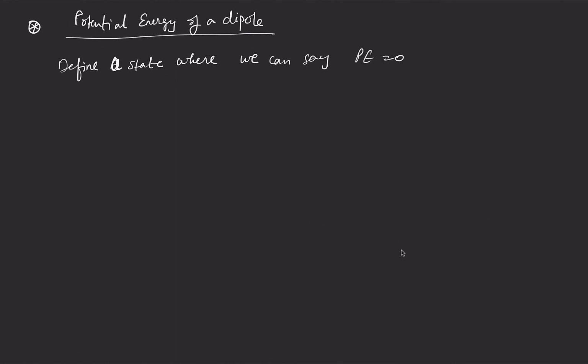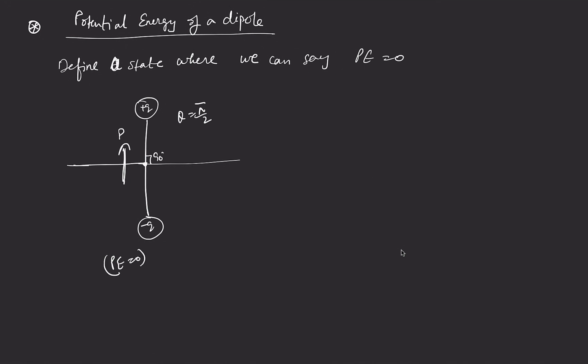So for the dipole we choose that reference state to be like this, when the positive charge is like this and the negative charge is like this. Basically the dipole vector P is making an angle of 90 degrees with the x-axis. So at an angle of theta equal to pi by 2, we say that the dipole has a potential energy of 0, and this is by definition.